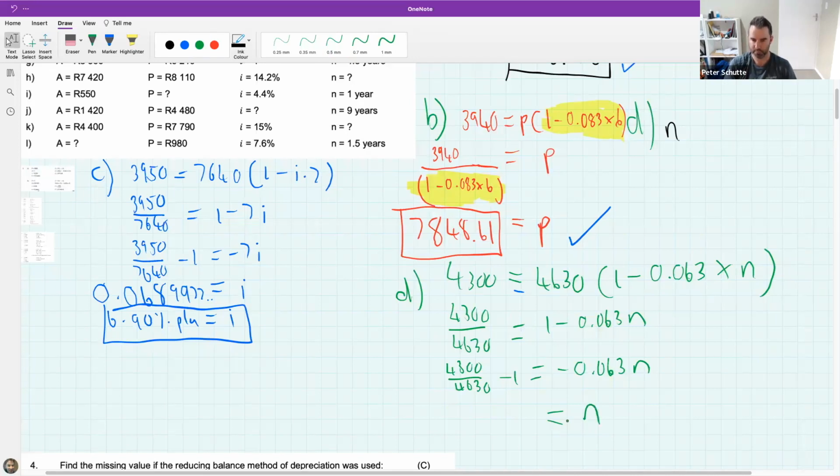You're going to have to divide both sides by the number in front of the n. I'm not showing the working out just because there's just too much on the screen. But let's see if we all get the same answer. What are we getting for n? I don't want to give it away until students have put their answer in, but I've got my answer here. And n is going to be the time period.